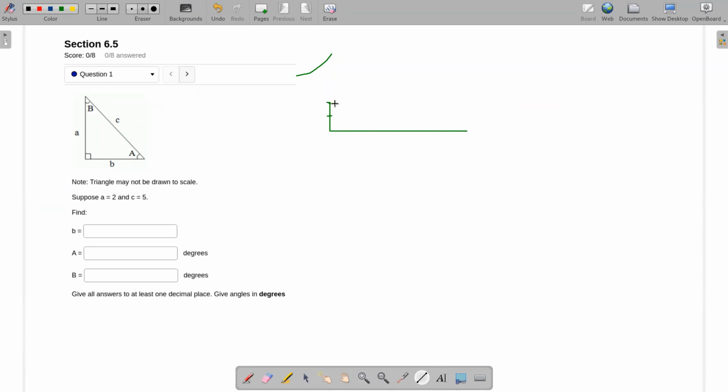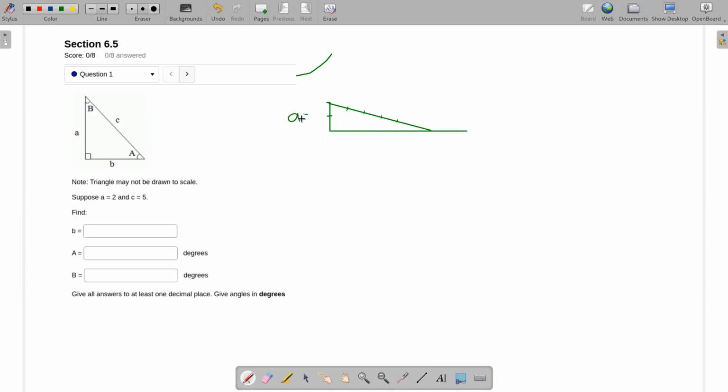So let's guess 5 is going to be, let's see, 1, 2, that's more like 4, maybe 5 is more like that right there. So if that's 1, that would be 1, 2, 3, 4, maybe it's a little over 5 there, but it's close enough. So let's make believe that's 5.